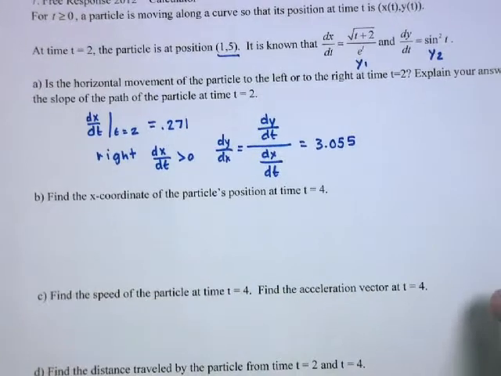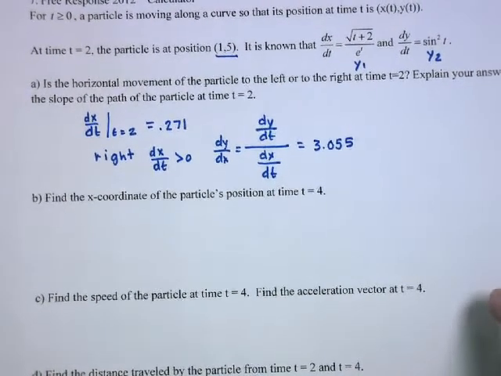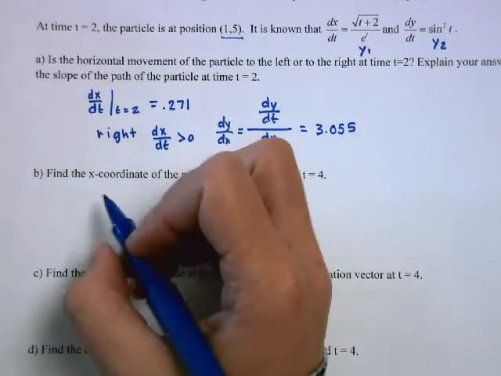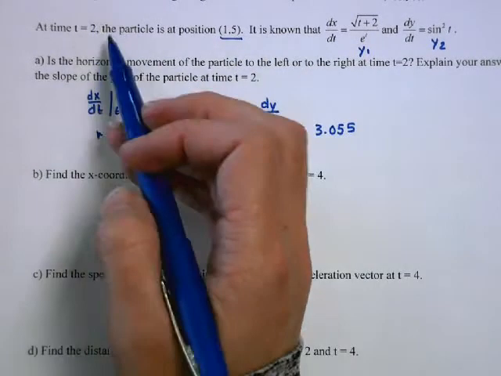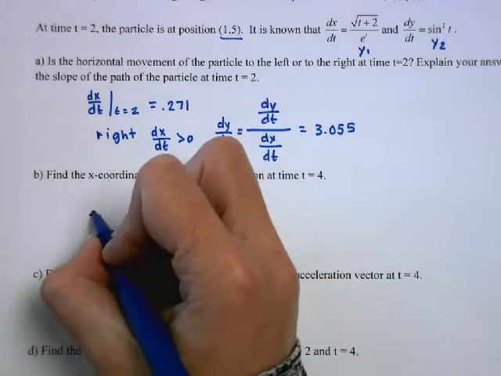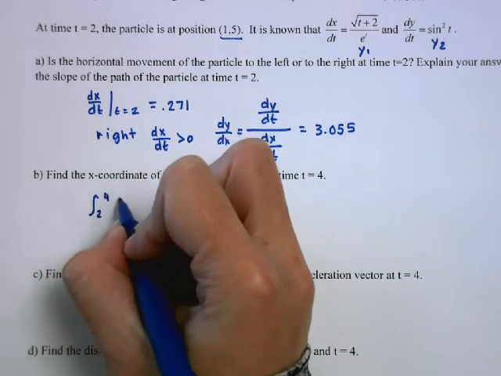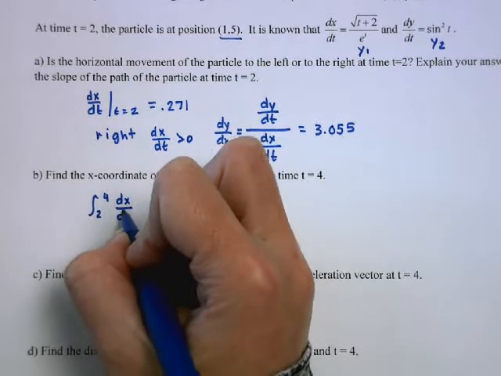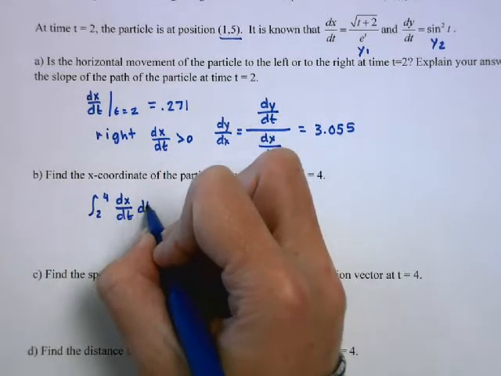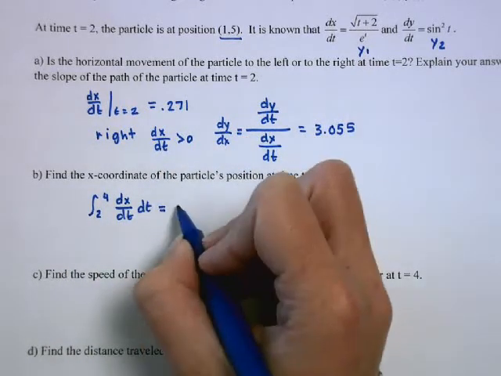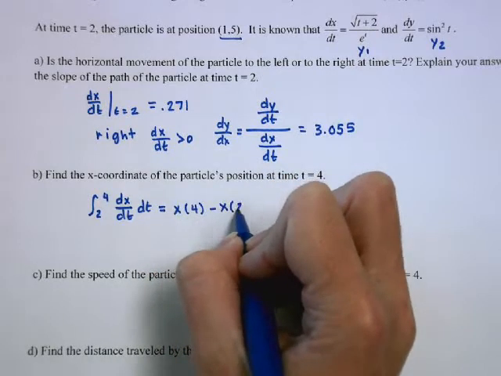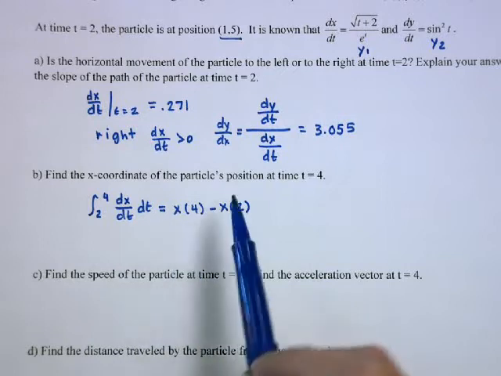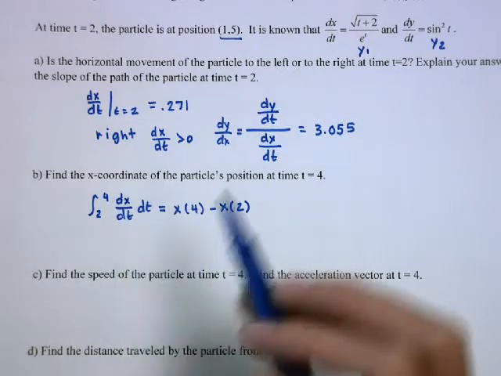Okay, find the x-coordinate of the particle's position at time equals 4. So this one, you're always going to be given some initial condition, in this case at time equals 2. So the integral from 2 to 4 of dx/dt is going to equal my position at 4 minus my position at 2. The antiderivative of dx/dt is x.